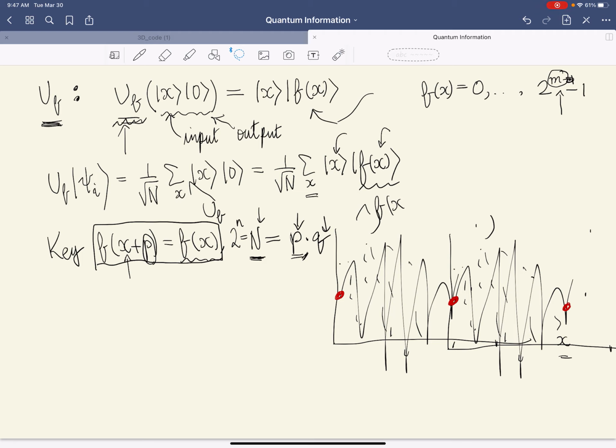And of course, I won't go into the details of that mathematics, but maybe you can just take it on my word that this is a proven fact in mathematics. Period finding is a difficult mission for a classical computer. But the point is that if we did have a good working quantum computer, then the mission suddenly becomes pretty easy.